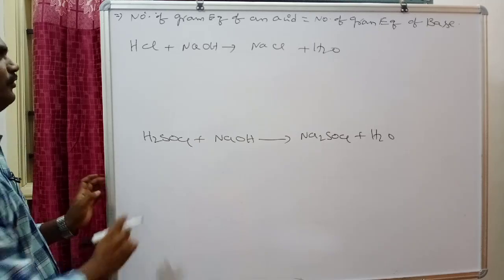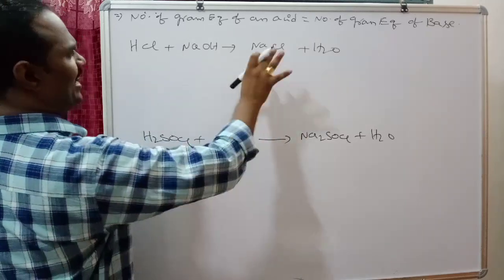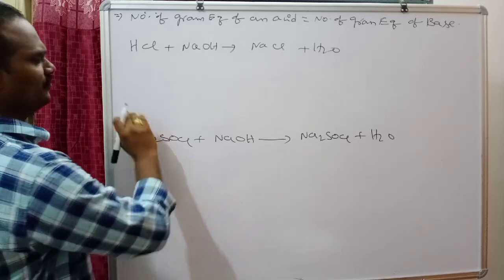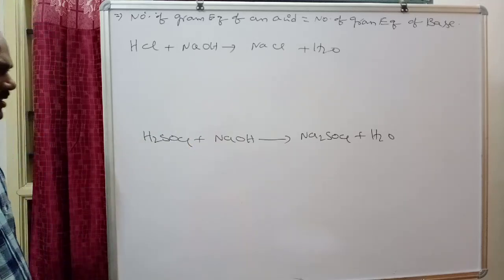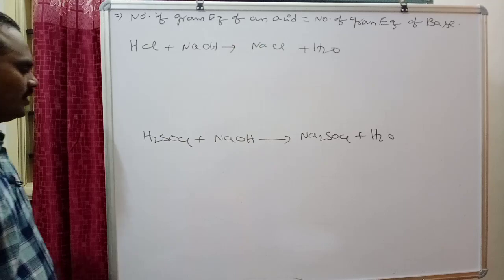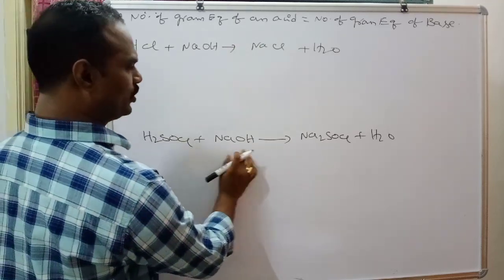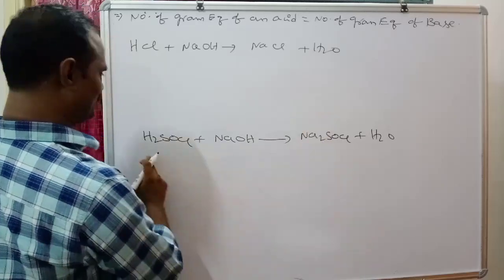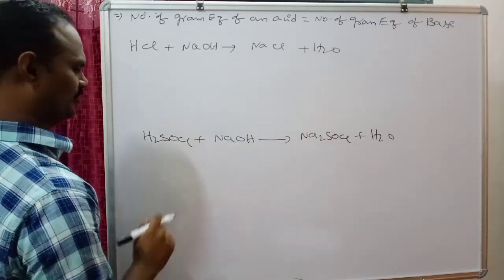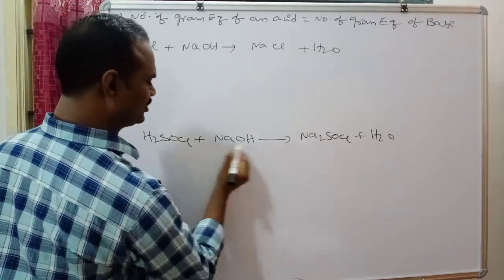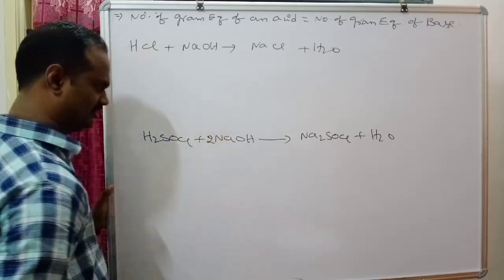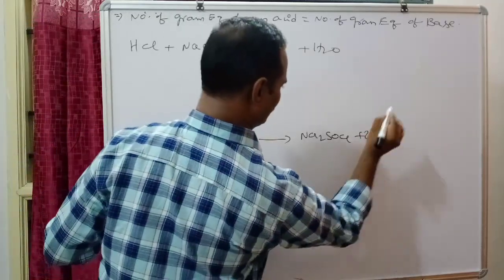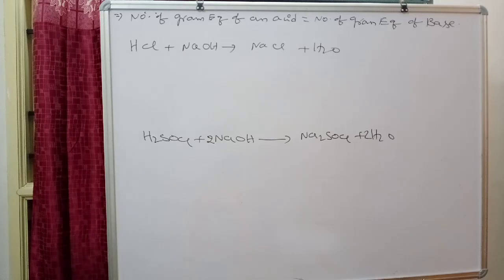In the first one, both sides have the same atoms, so the first is a balanced reaction. In the second one, H2SO4, NaOH, Na2SO4, here 2 sodium is not balanced, and hydrogens, total 4, are also not balanced. So to balance, I am writing 2 NaOH for 2 sodium, and 2 H2O for total 4 hydrogen.